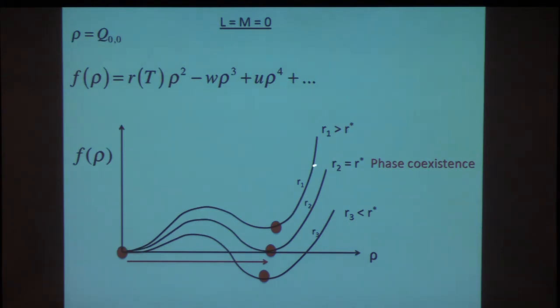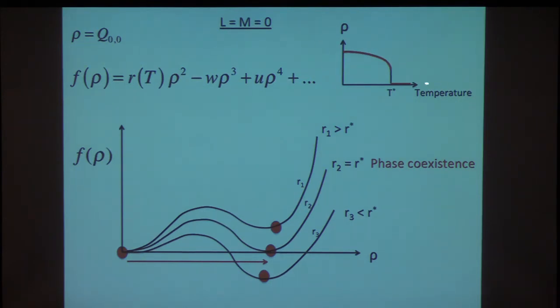Then as you reduce R, this term becomes less positive, so the cubic term becomes more effective and eventually becomes negative. So you see that the special point here, there are two minima which are degenerate, and that's the point of phase coexistence. So you get exactly the kind of plot I talked to you about before.